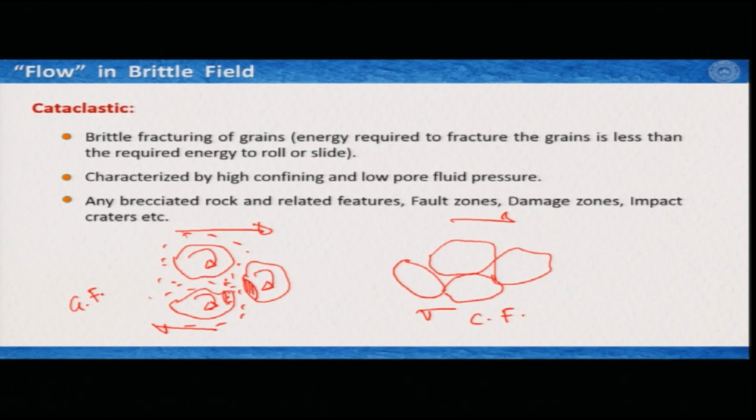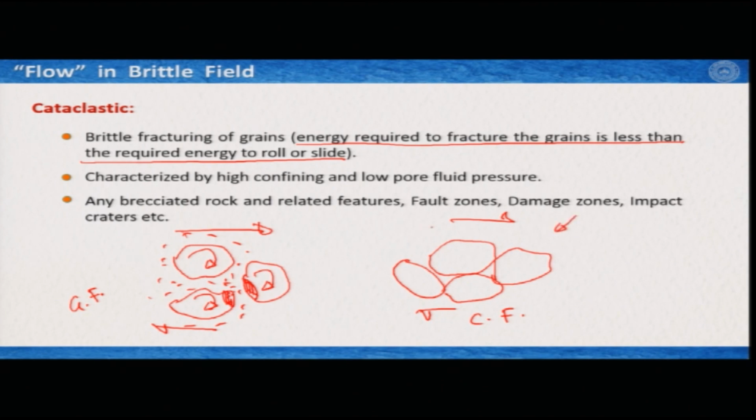So they can just fracture here and there, and this is how the grain size reduces. But in this case, exactly as mentioned here, the energy required to fracture the grains is less than the energy required to roll or slide.